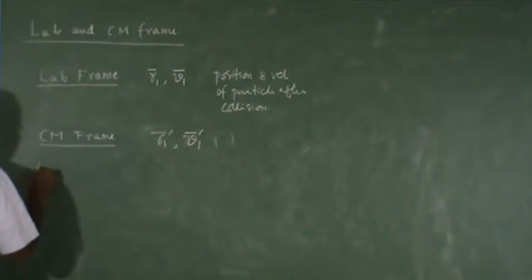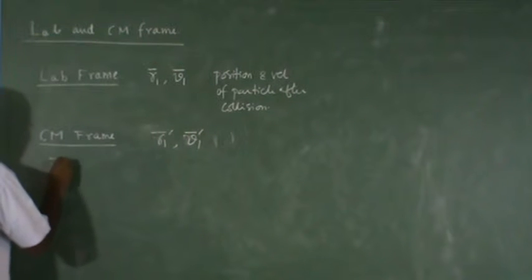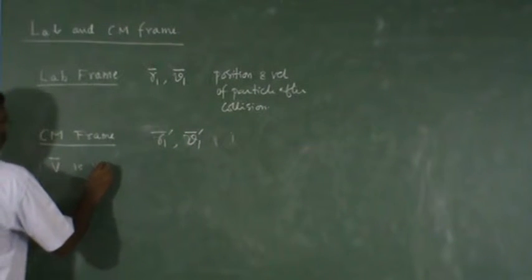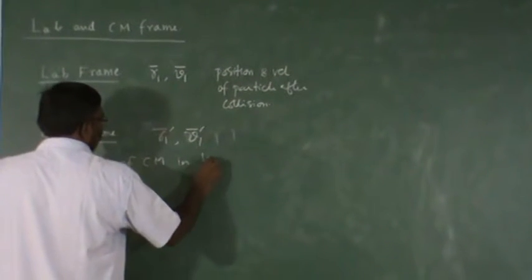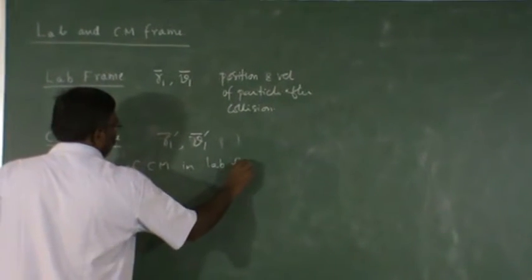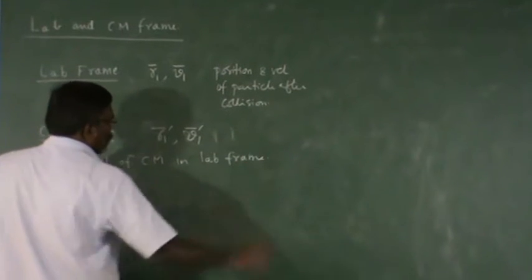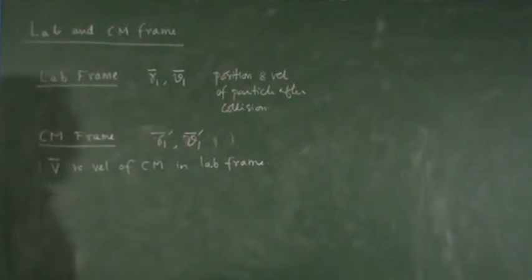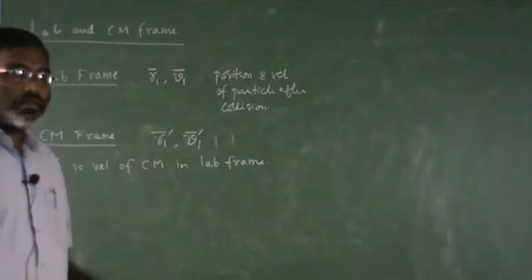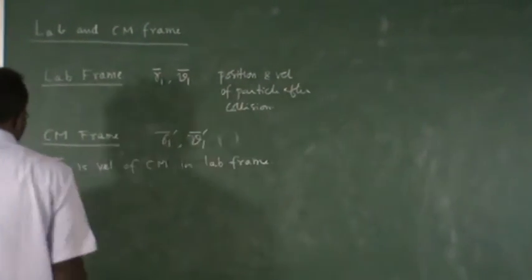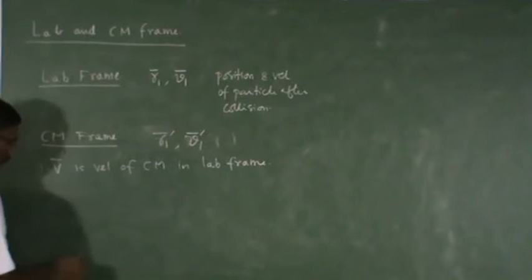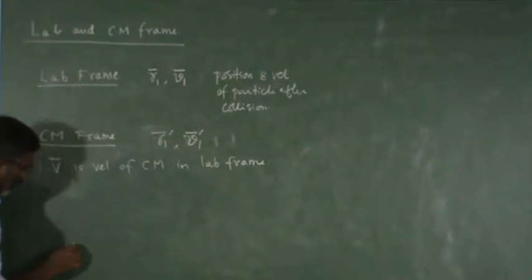And V is the velocity of the center of mass in the lab. Now with these definitions, we can write down the following diagram.